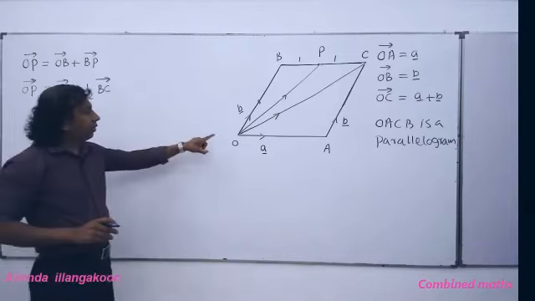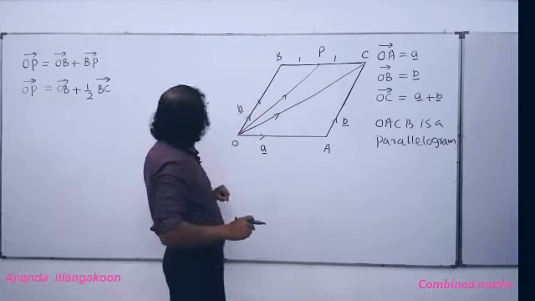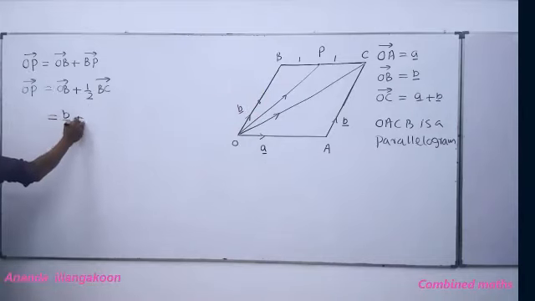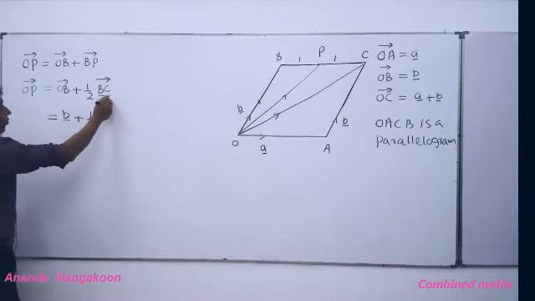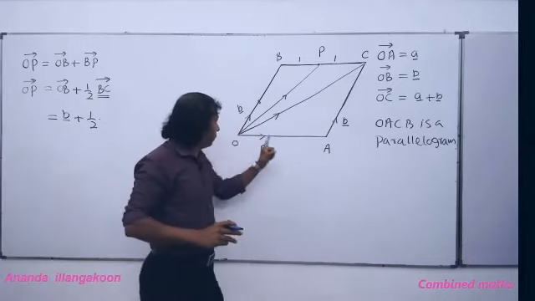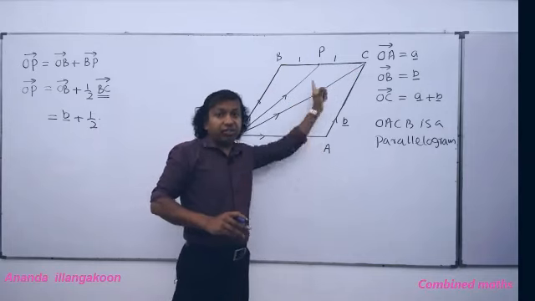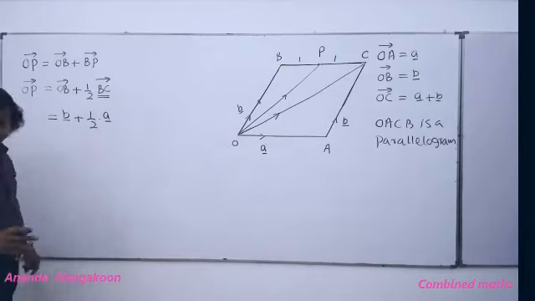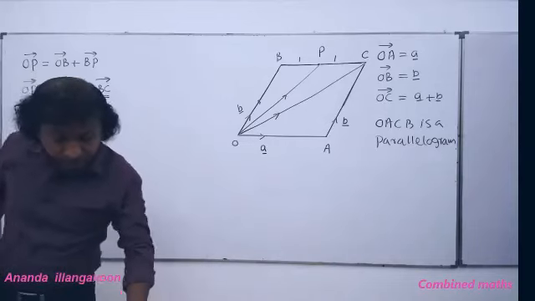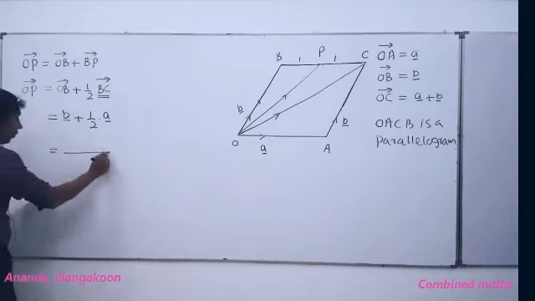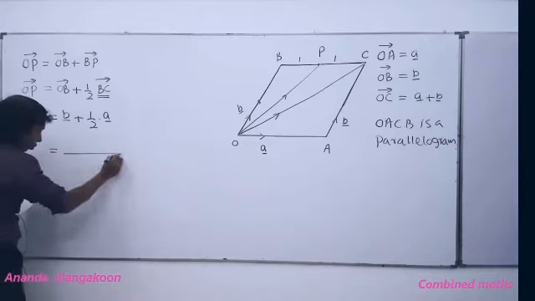OB vector, people. OB vector is b, right? Half BC vector, B to C vector, is equal to O to A vector because this is a parallelogram. Therefore, BC vector is a. You can see whether we get this answer. Yeah, we get. Now take the common denominator as half, that means the common denominator as 2, people.